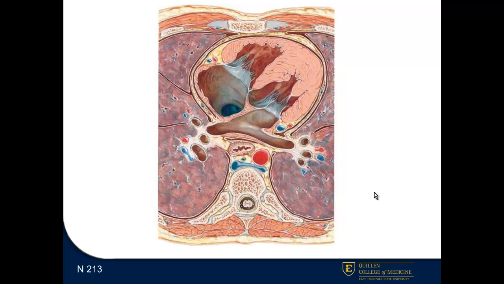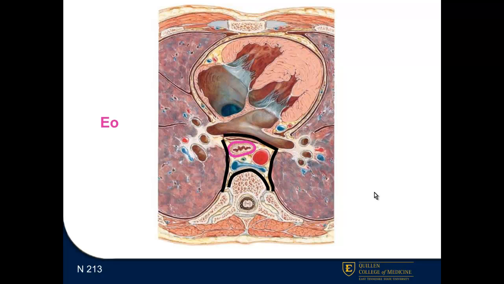Let's start by identifying the borders of this posterior mediastinum so we understand what specific area we need to focus on. Anteriorly, with the black line, you can see that we're indicating the pericardium as the anterior border. Laterally, you have the mediastinal parietal pleura, and posteriorly, the body of the thoracic vertebra.